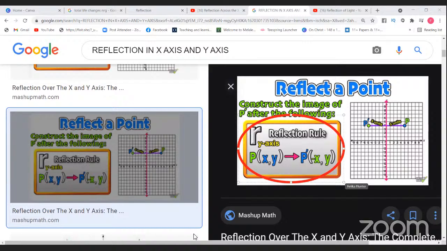This is the y-axis. Have that now? Yes, miss. All right.